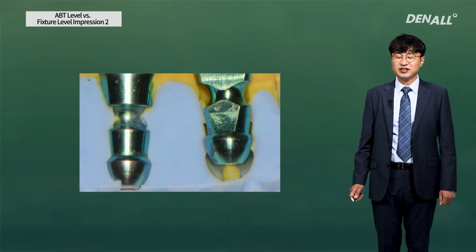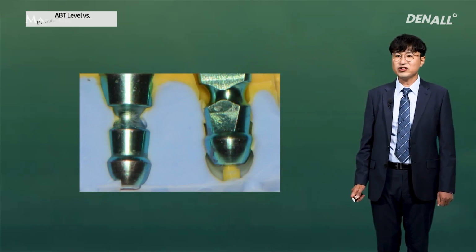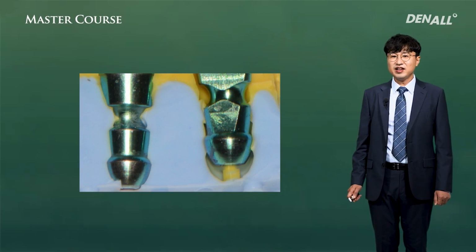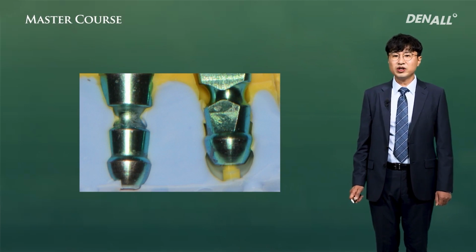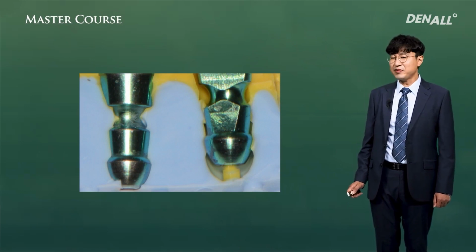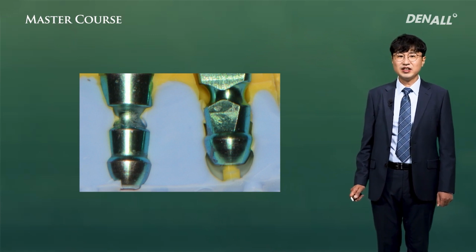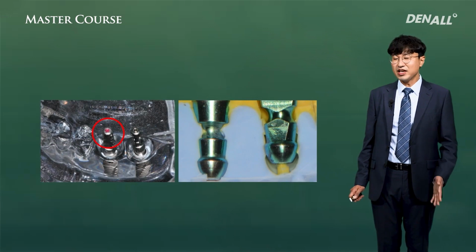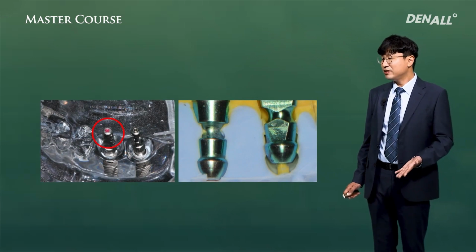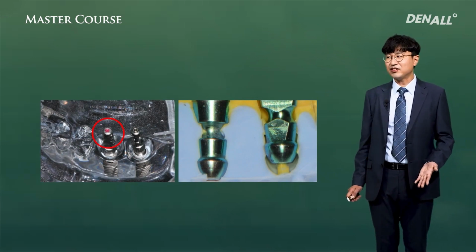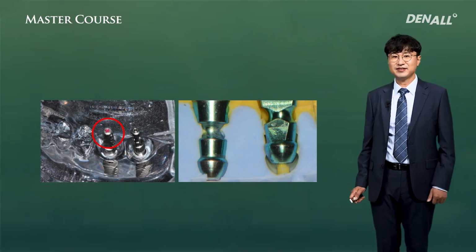And I think it's because there is no driver hole, resulting in less errors. The driver hole of the transfer impression coping, if you block out with wax, both copings would give you good results. Like this, with wax, driver hole needs to be blocked out. I hope that you will do this.